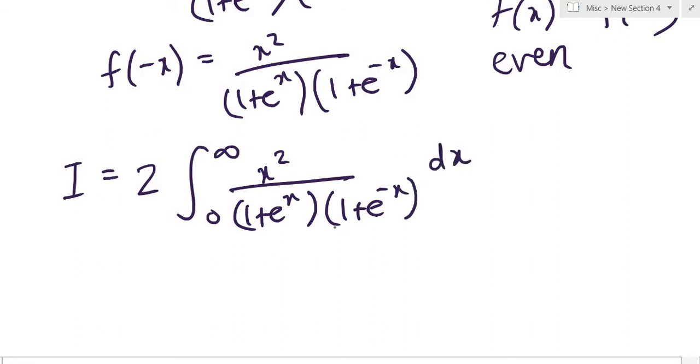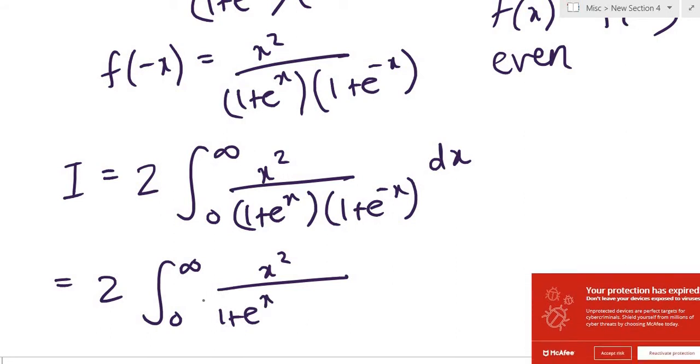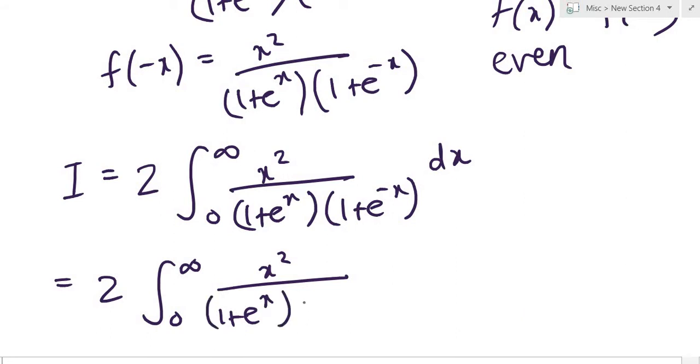Now one thing that we can do is convert this negative exponent into a positive exponent. So 2 times the integral from 0 to infinity of x squared over 1 plus e to the x, then times 1 plus 1 over e to the x. I converted a negative exponent into a positive exponent.